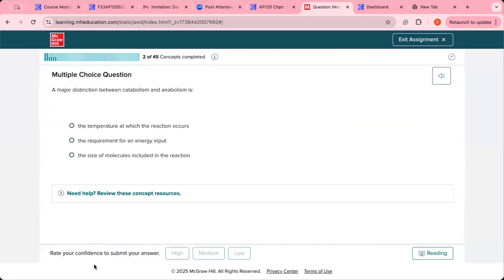Okay, next question. A major distinction between catabolism and anabolism is the temperature at which the reaction occurs, the requirement for an energy output, and the size of molecules included in the reaction. Which one of those?